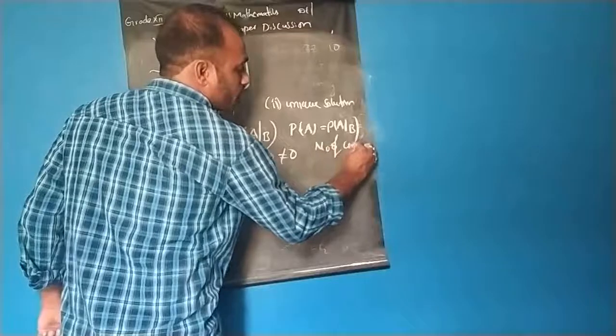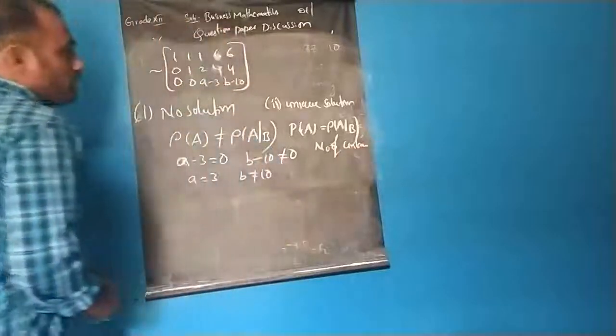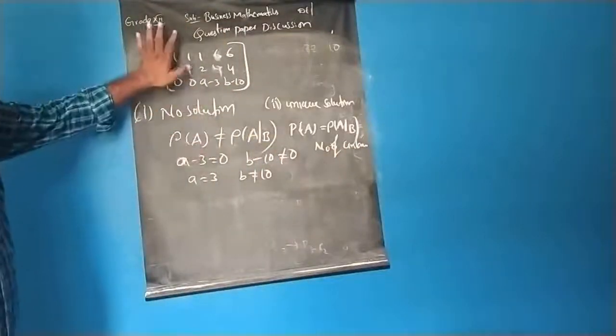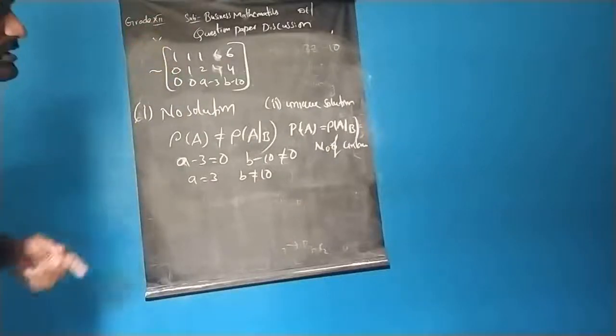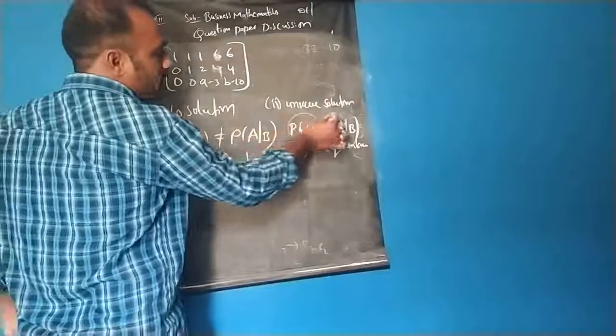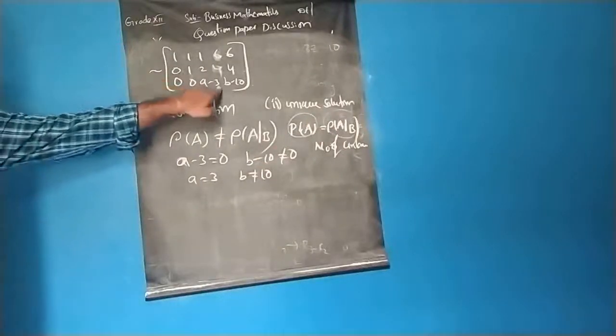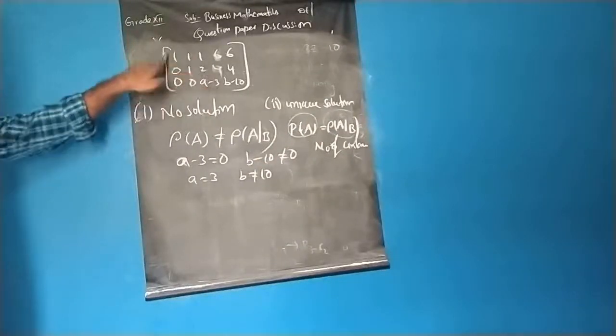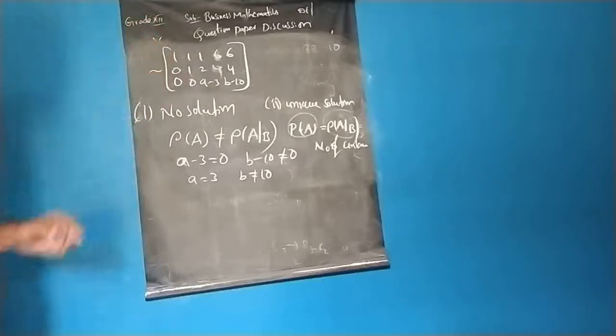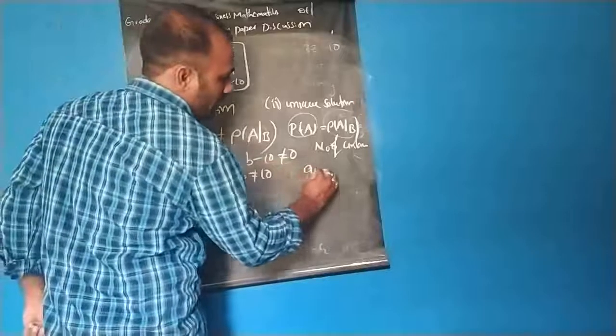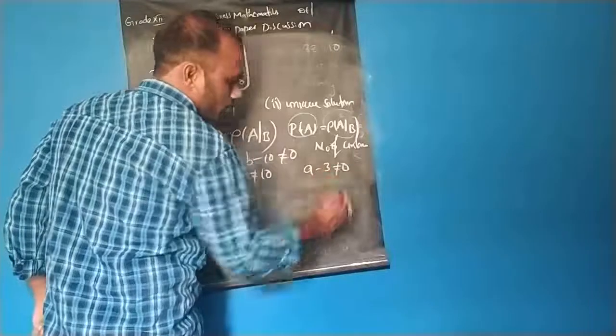Here we know that the number of unknowns is 3, since it is a 3 variable system x, y, z, so the rank of A matrix and the rank of A by B must also be 3. If A minus 3 is equal to 0, then the rank of A matrix will come to 2.